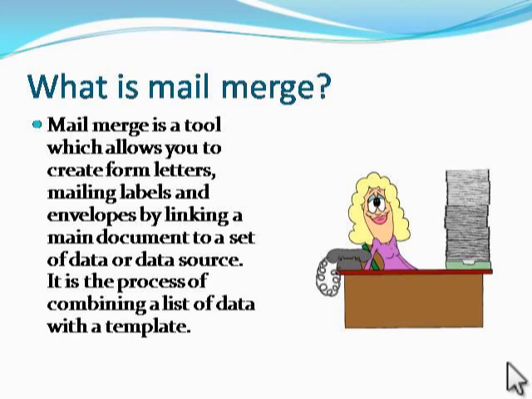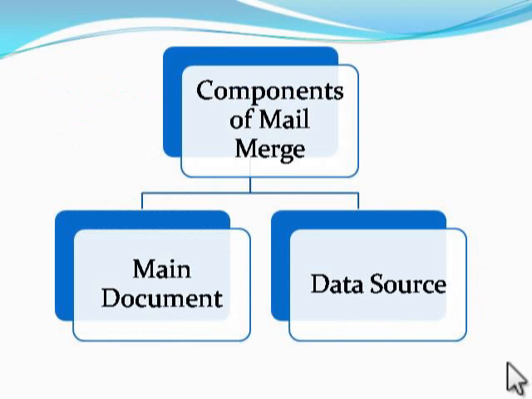Mail merge is a tool which allows you to create letters, labels and envelopes by linking a main document to a data source. Now we will talk about the components of mail merge. There are two main components of mail merge.